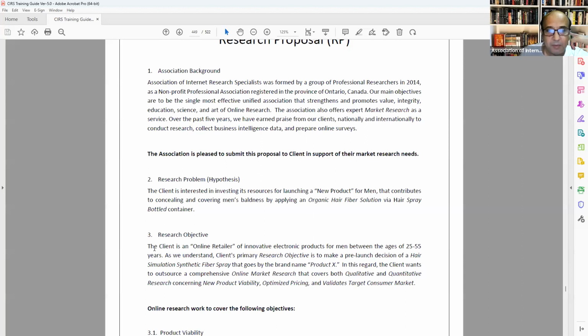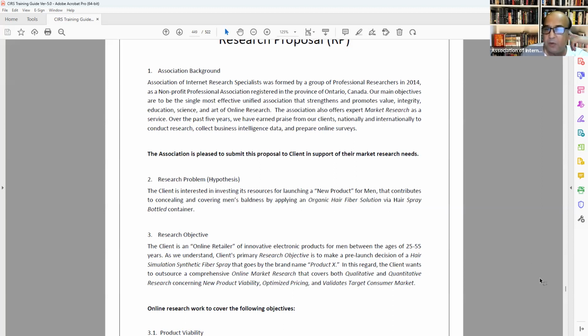Research objective. The client is an online retailer of innovative electronic products for men. Innovative electronic products, okay, between the ages of 25 to 55. As we understand, the client's primary research objective is to make a pre-launch decision of a hair simulation spray, whatever product X in this the client wants to research.